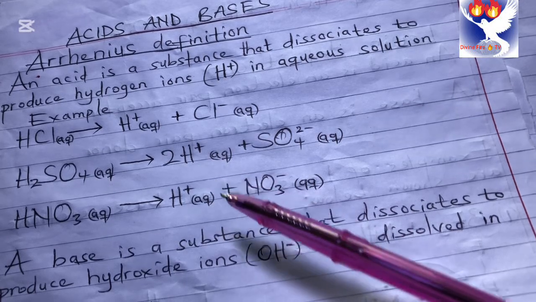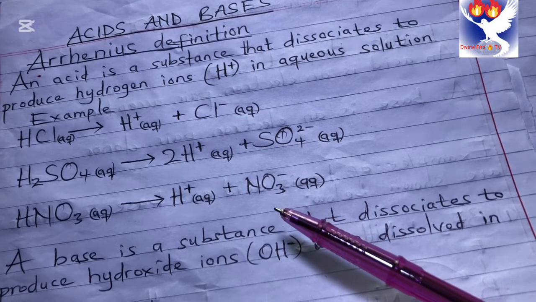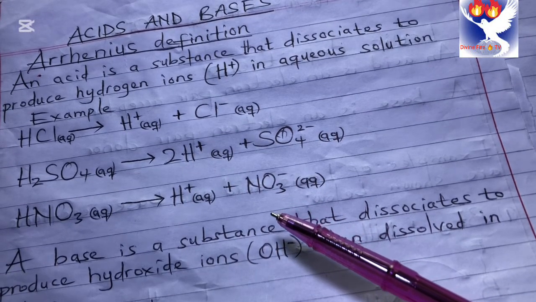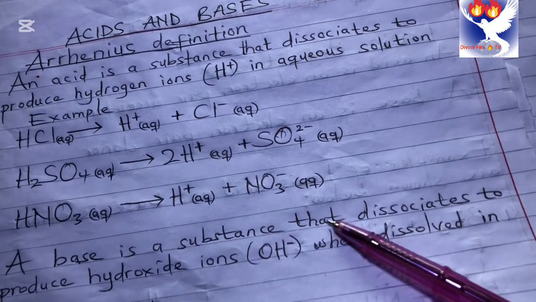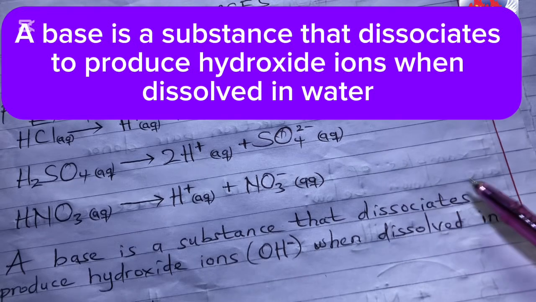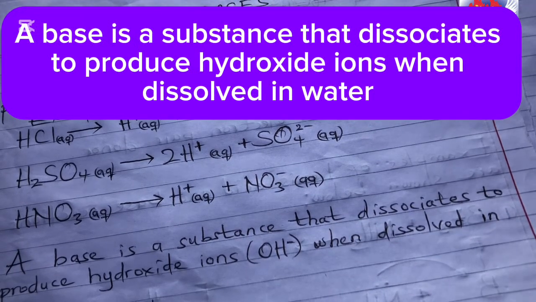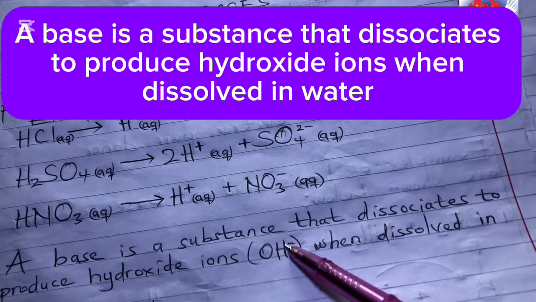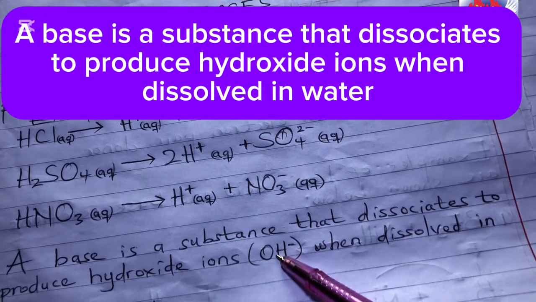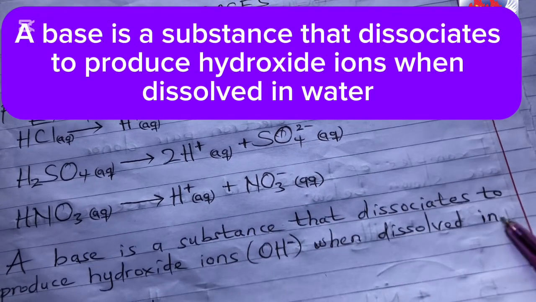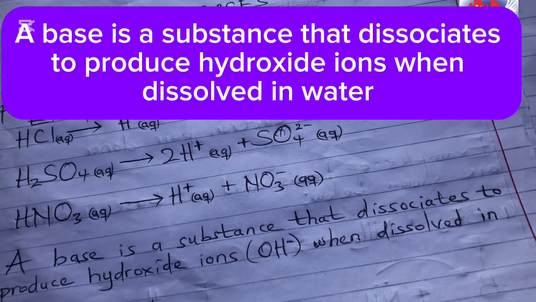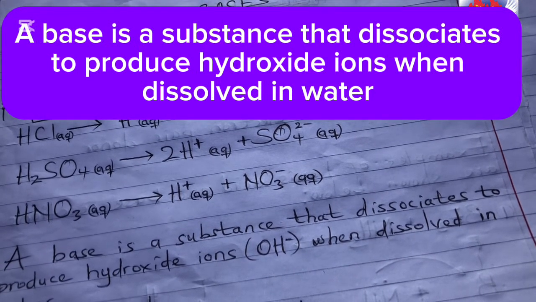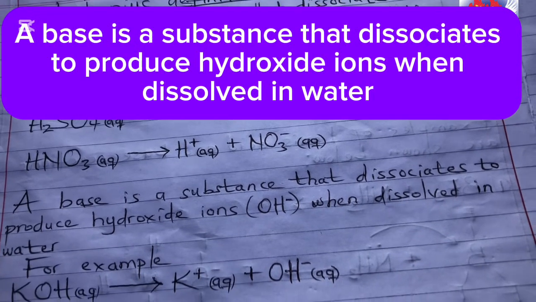Let's look at Arrhenius' definition of a base. An Arrhenius base is a substance that dissociates to produce hydroxide ions, OH minus, when dissolved in water.